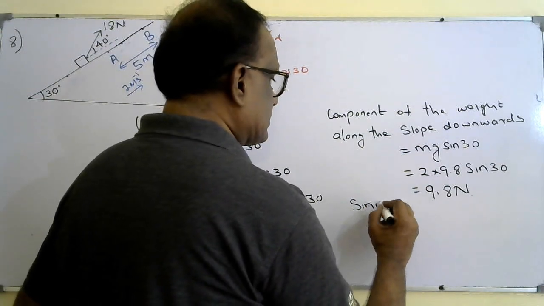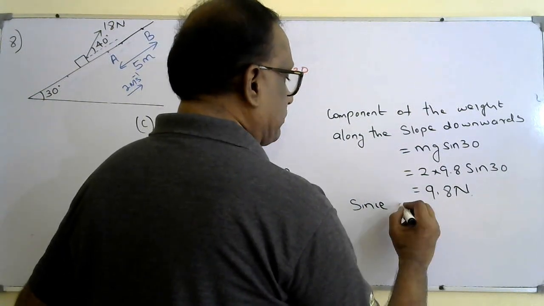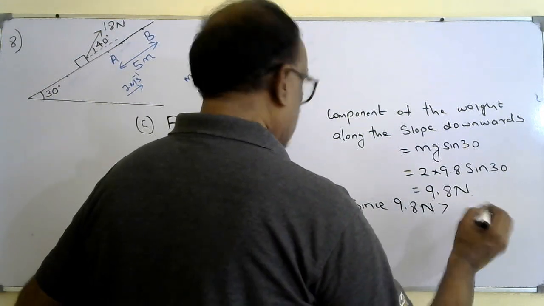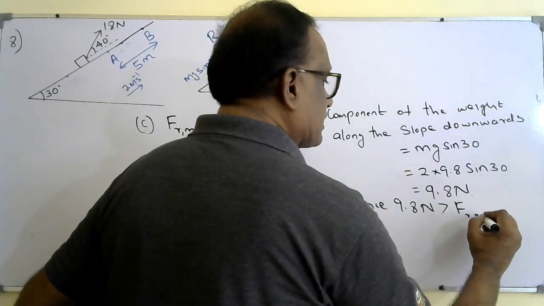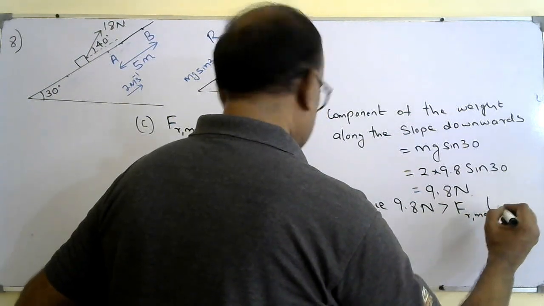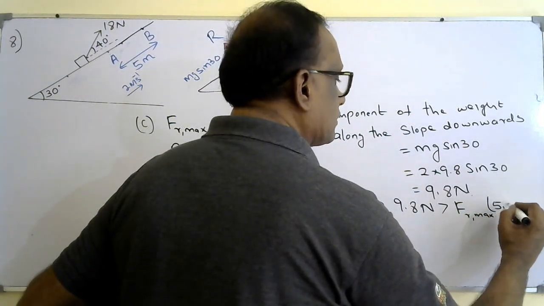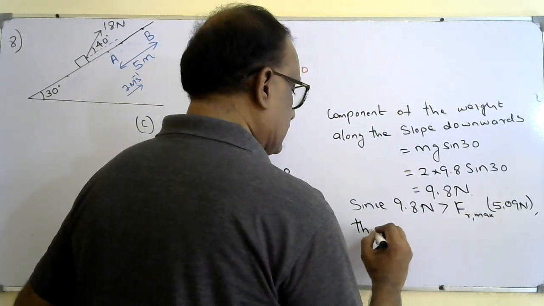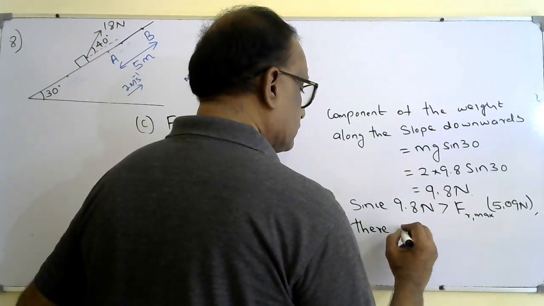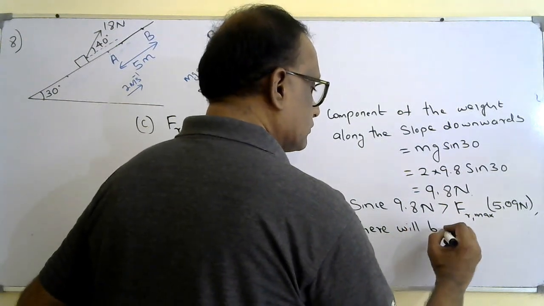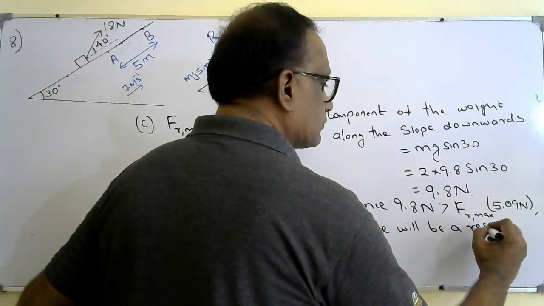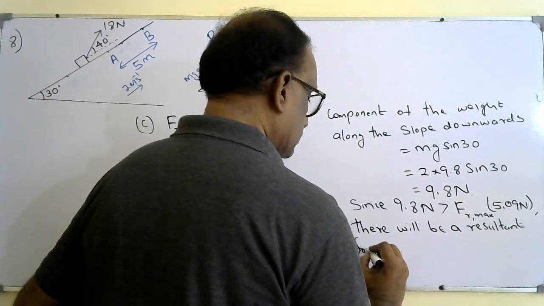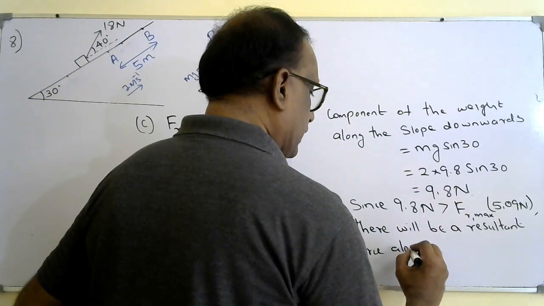So since 9.8 Newton is greater than F_r max, that is 5.09, there will be a resultant force along the slope down.